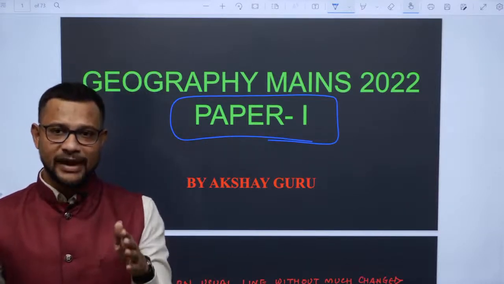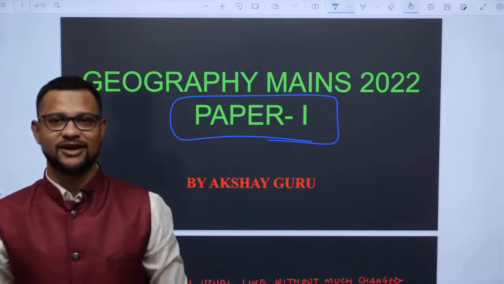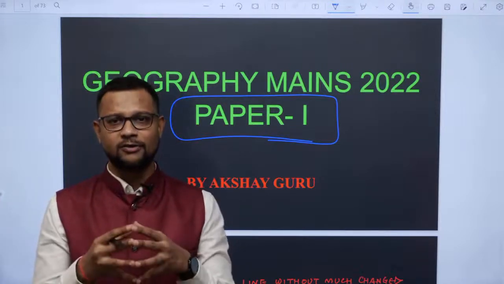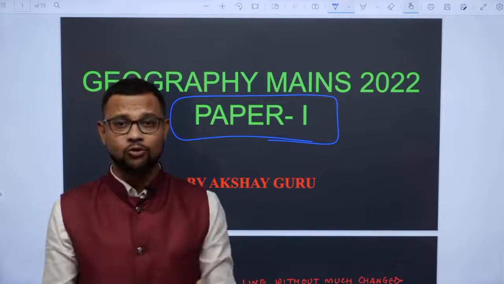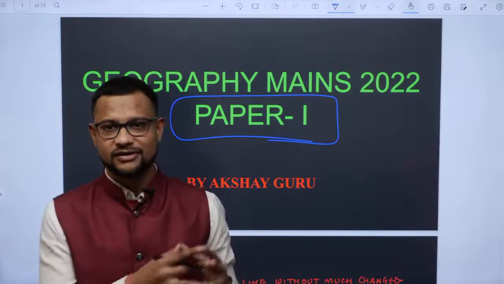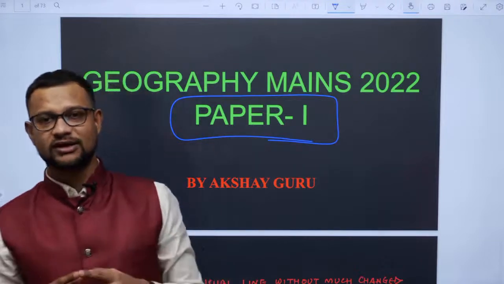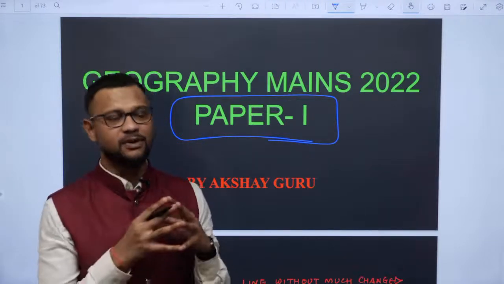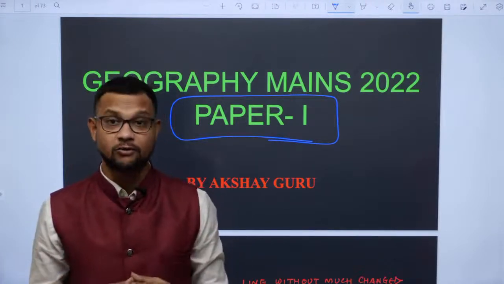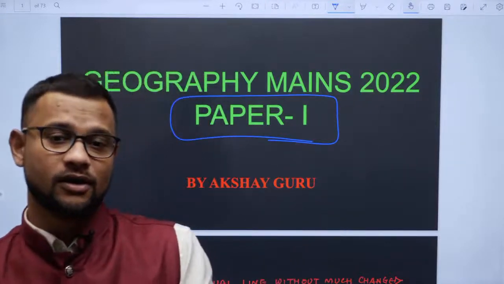It breaks many prejudices about geography, that it seems somehow more difficult to score in, or that there are more questions on the gray areas. But this analysis of the paper will show you that's not the case. The questions and the paper as such are absolutely on the very expected line, and what you will find is this paper will be scoring also.